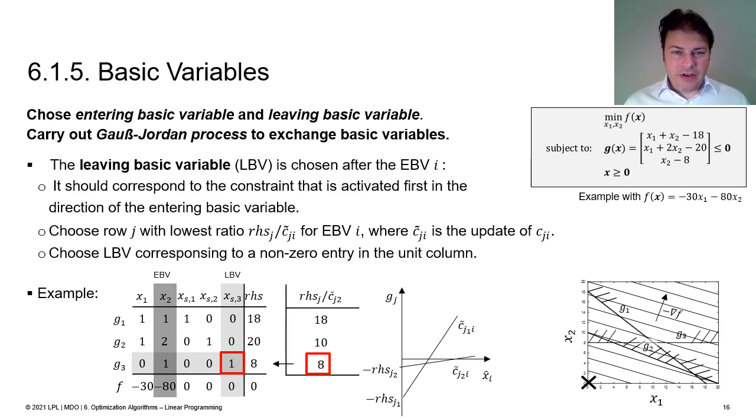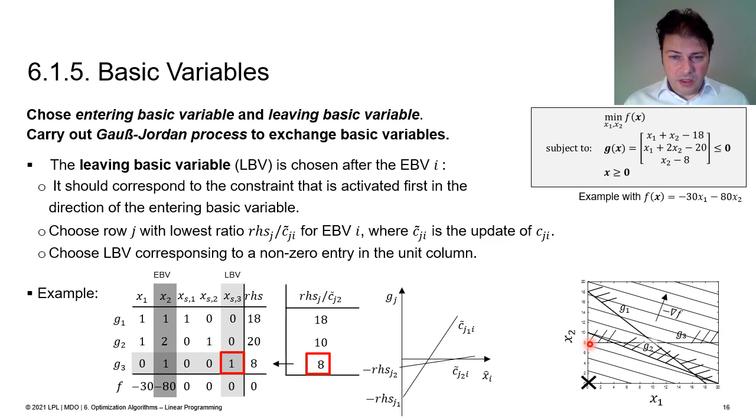The leaving basic variable is to be chosen such that going down the entering basic variable will hit a constraint that is associated with the slack variable, which is to be chosen as the leaving basic variable.